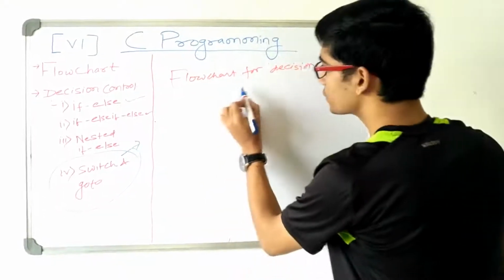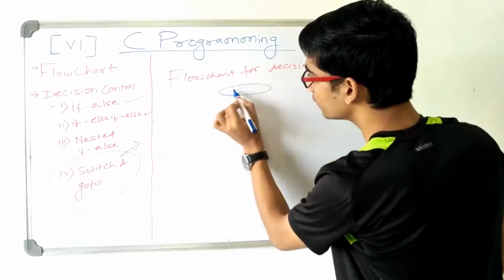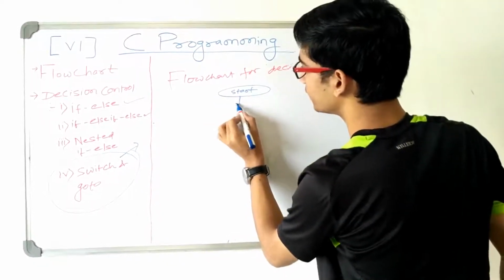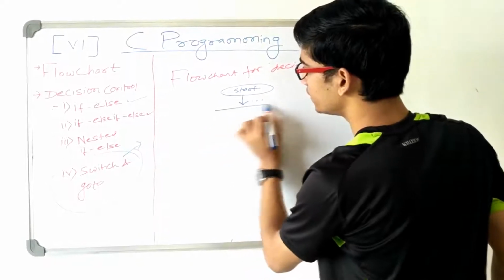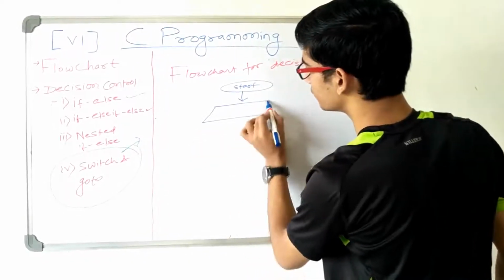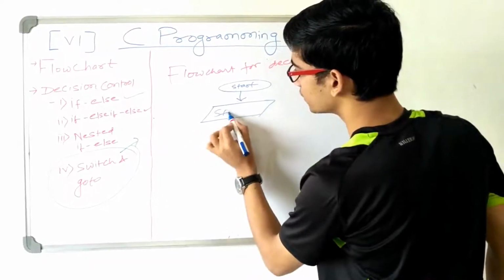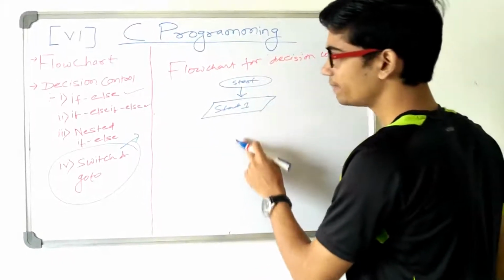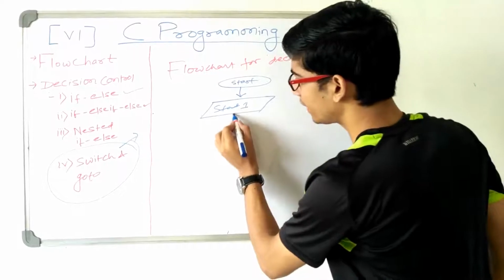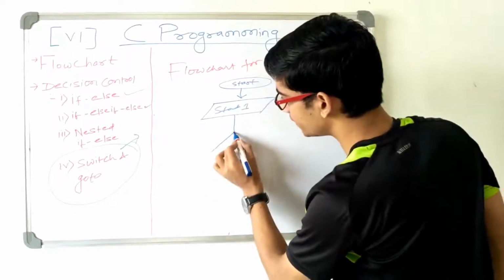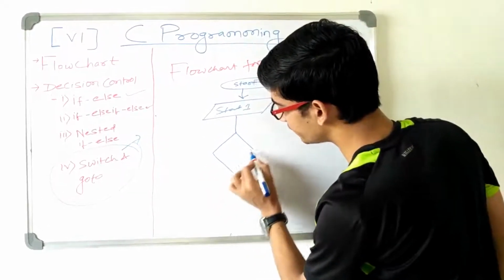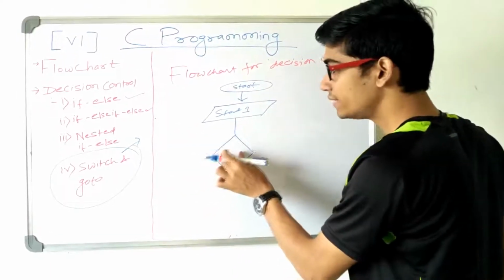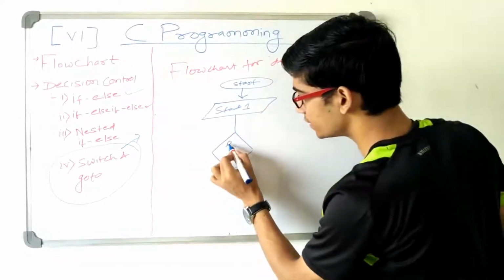Okay, so we start the program, then maybe there are certain statements to execute. Statement 1 say, there can be more than one, I'm just simplifying it. Okay, and then what can happen? There will be a decision statement. That if is a decision statement, we are checking the condition, if condition, so there the decision is made. So this is decision.